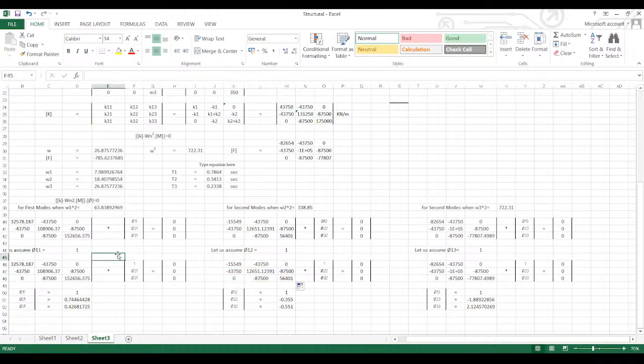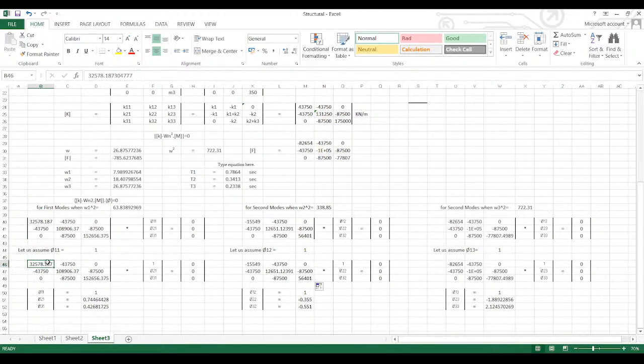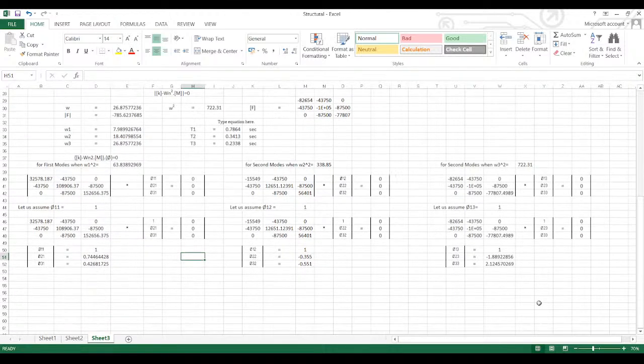I think it will be better. 0.1, 0.355, 0.558. Okay, all right. And there is another matrix there. We have put this and we have got 5 to 1 is equal to 1.889 and 2.124. That is correct.